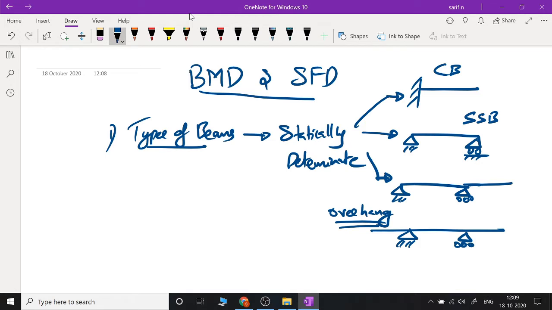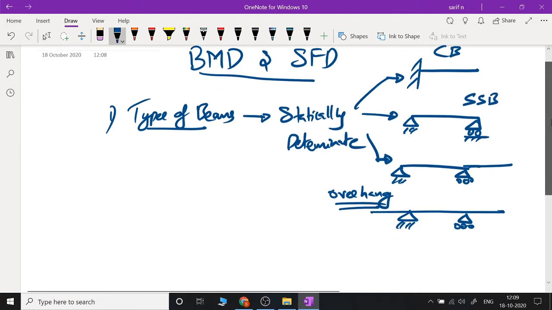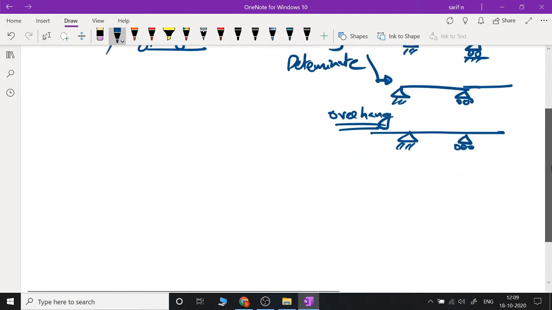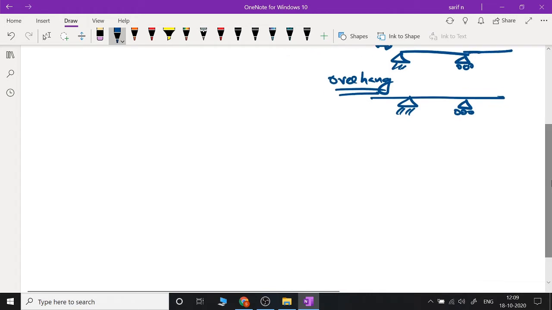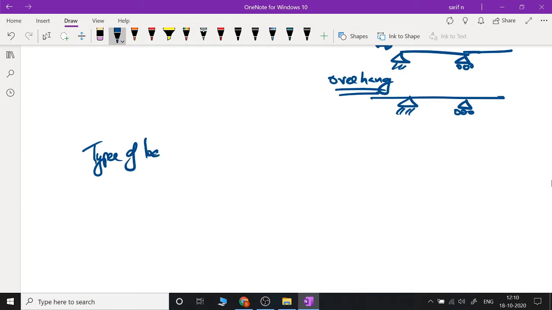Now another thing that we have to discuss is the types of loading that we will be considering. The first one is concentrated load. Now what is this concentrated load?